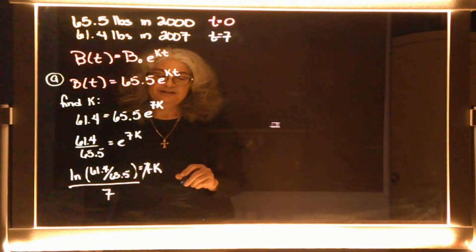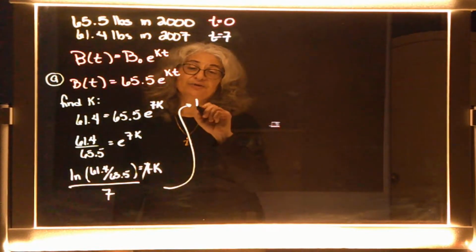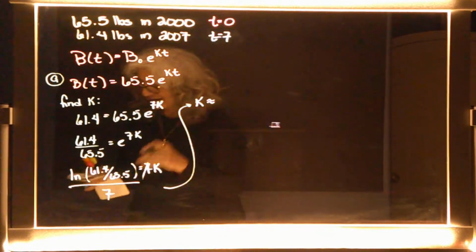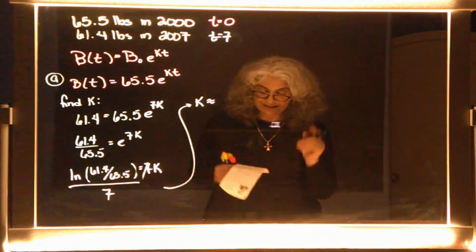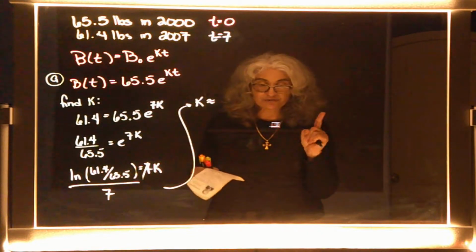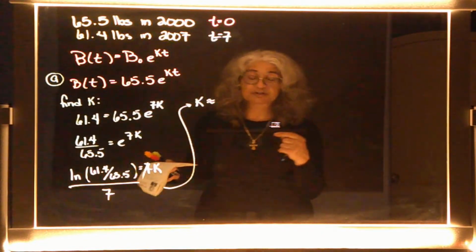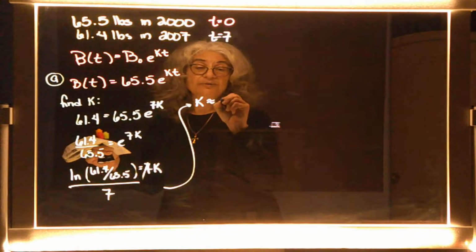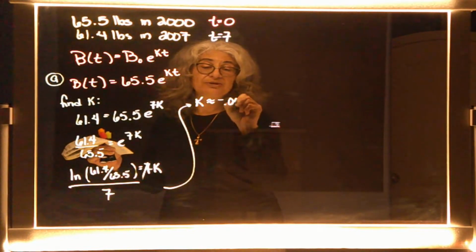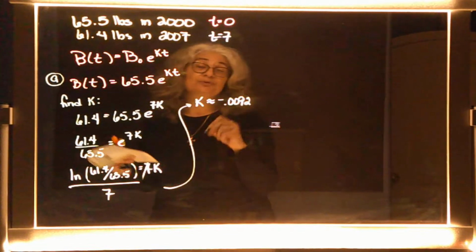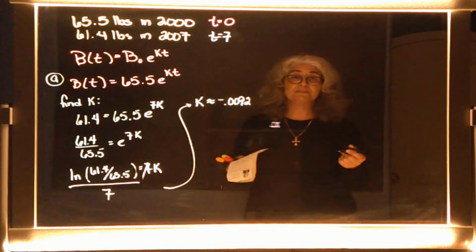Boop. So let's see. What did I get for k? I got k was approximately, and we're going to round to 4 decimal places because that's what it wants us to do, I got k was approximately negative 0.0092. Did you get the same?